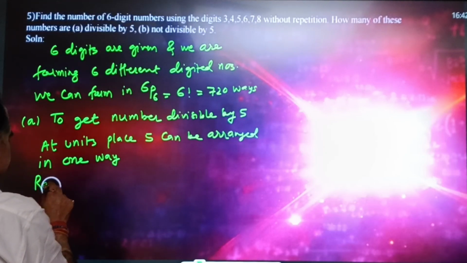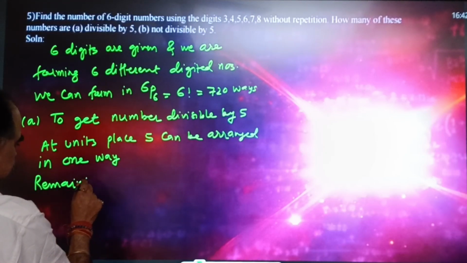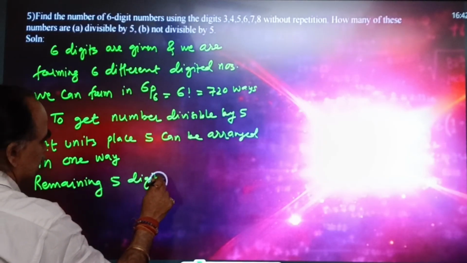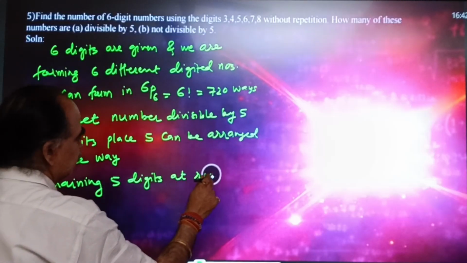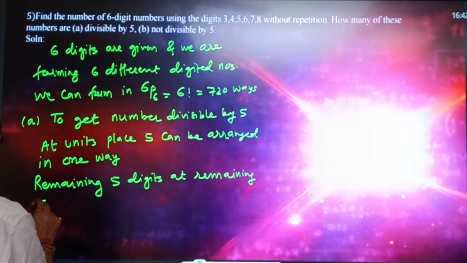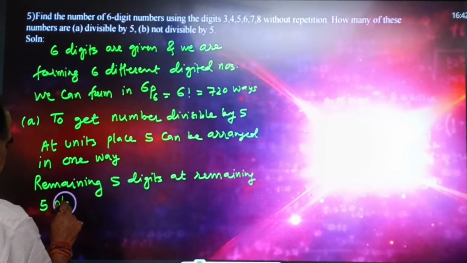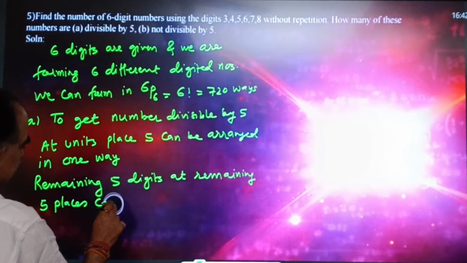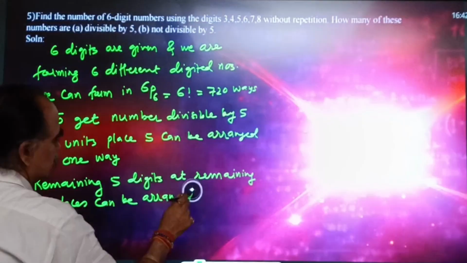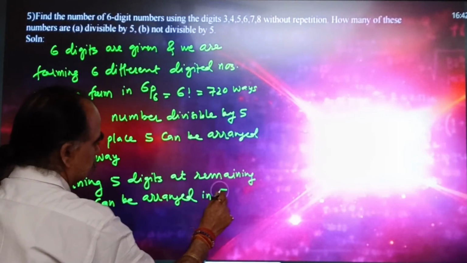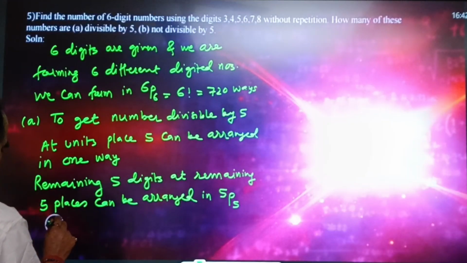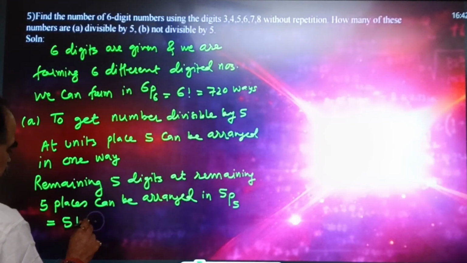The remaining 5 digits at the remaining 5 places can be arranged in 5P5, 5 factorial, which is equal to 120 ways.